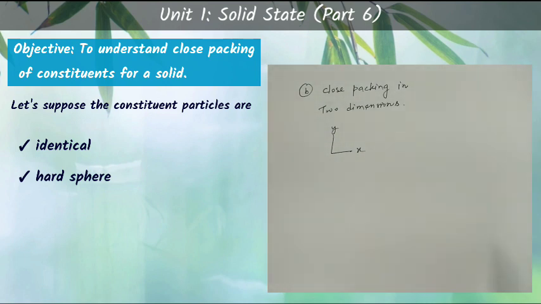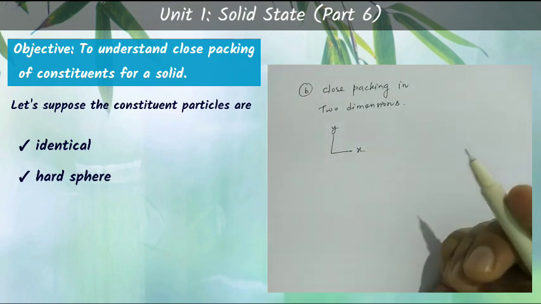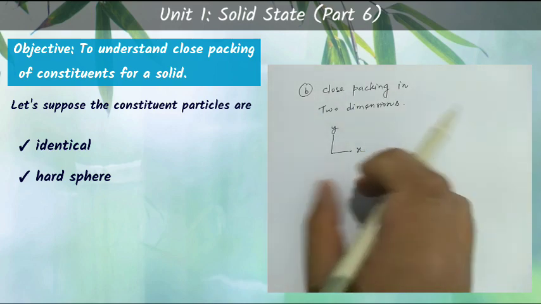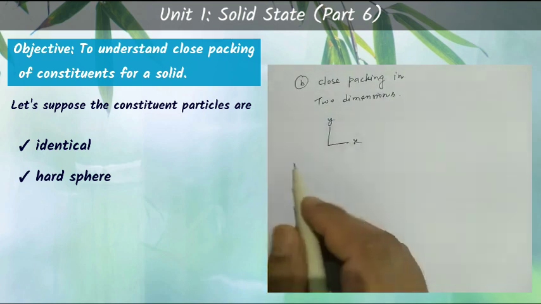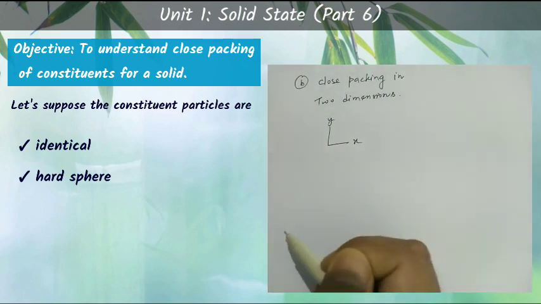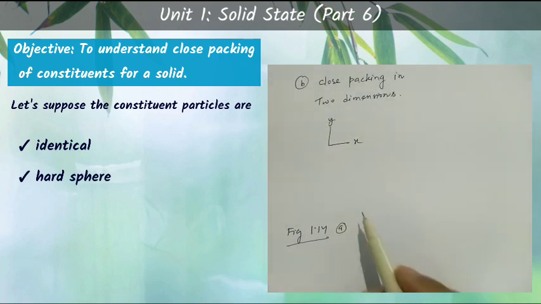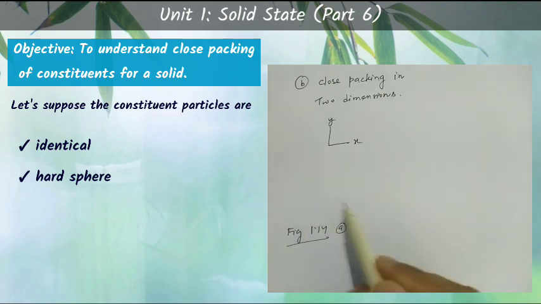Here in 2 dimension there are 2 different possible ways to arrange themselves in 1 plane. The first one is represented in figure 1.14a. If you see, let's suppose this is your x-axis and this is the y-axis.